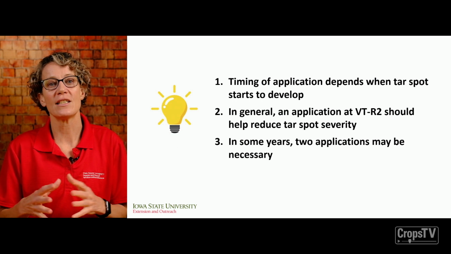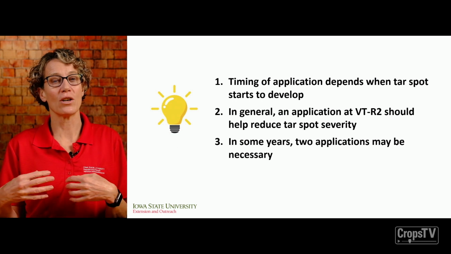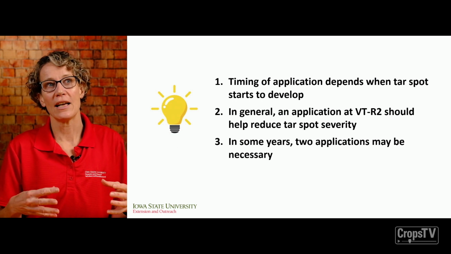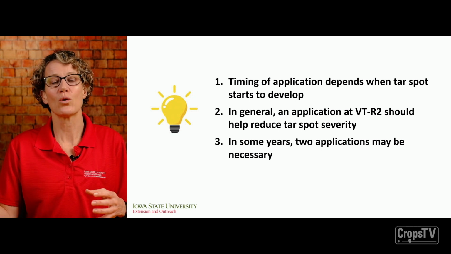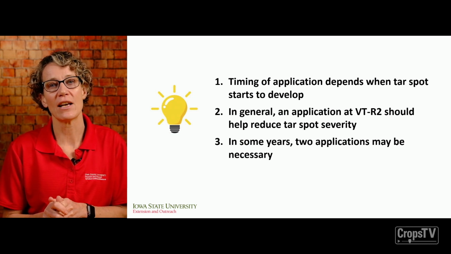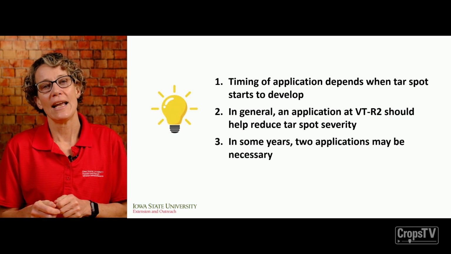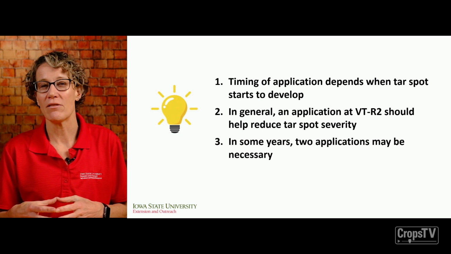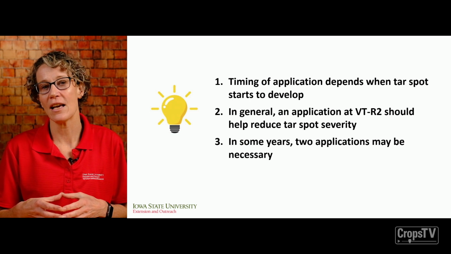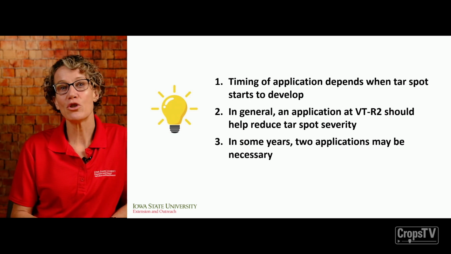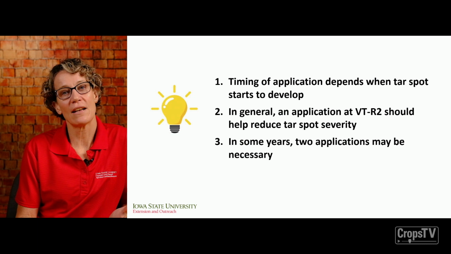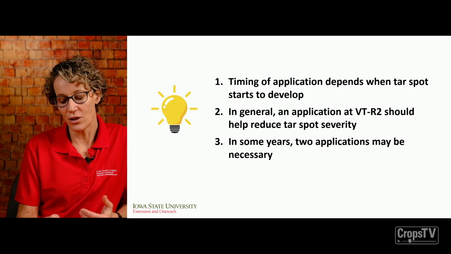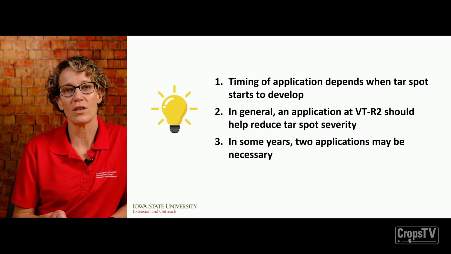I don't think we're going to see this disease develop as quickly as it does out east where they have that irrigation. So in some years, 2 applications may be necessary, but I think that's going to be very rare here in Iowa. For the most part, I think that an application at VT to R2 is going to be sufficient to control the disease.